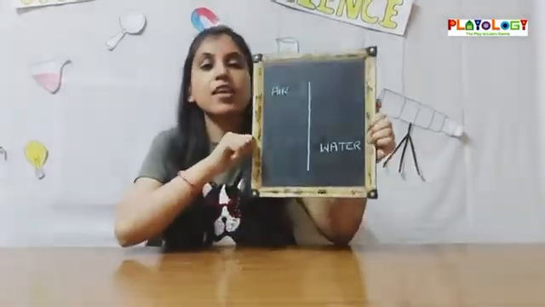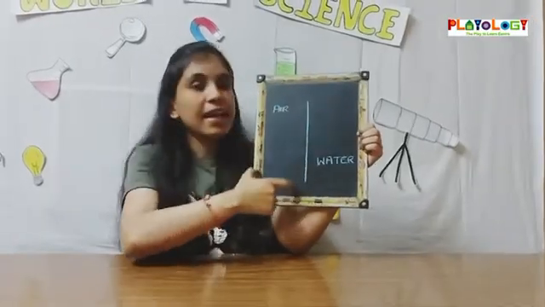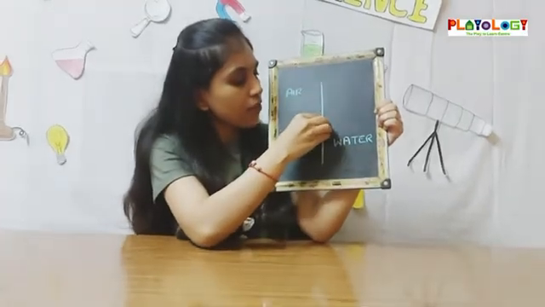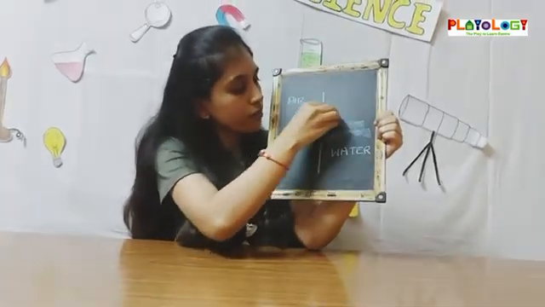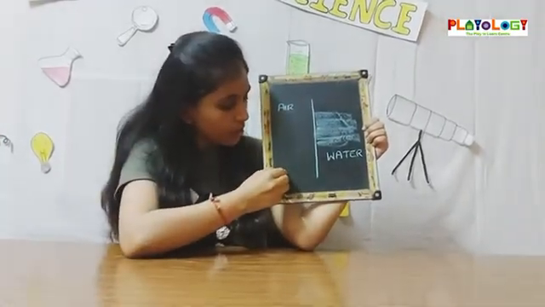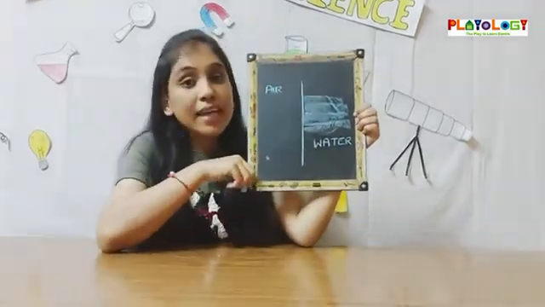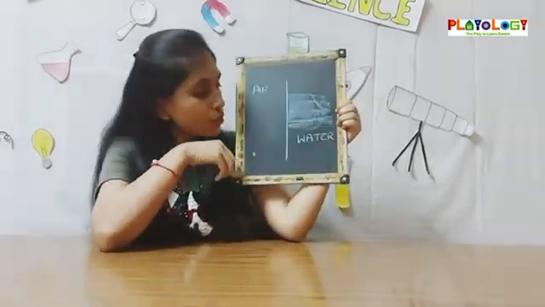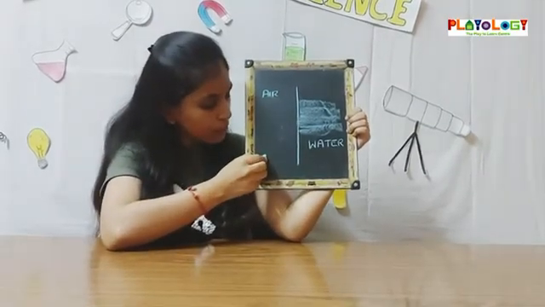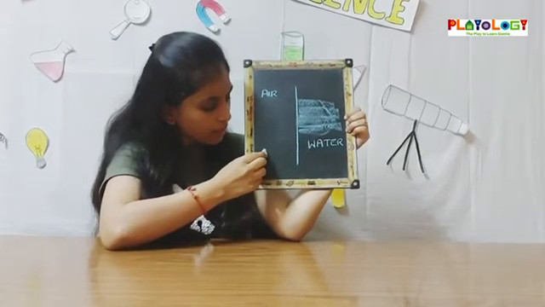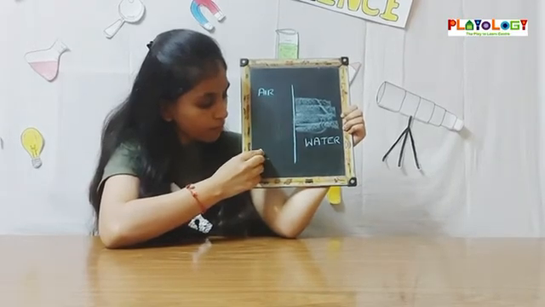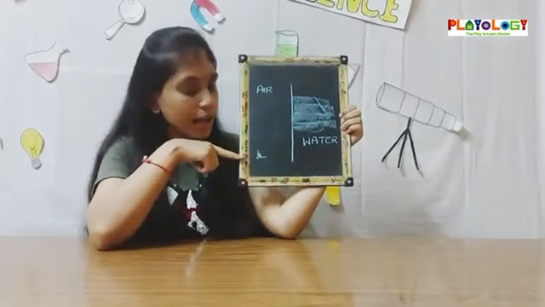So kids, for example, this side is air and here we have water. From here we are looking at any object. Suppose this is our eye.